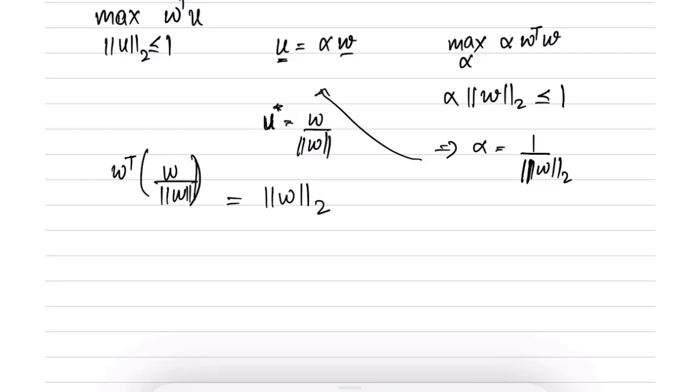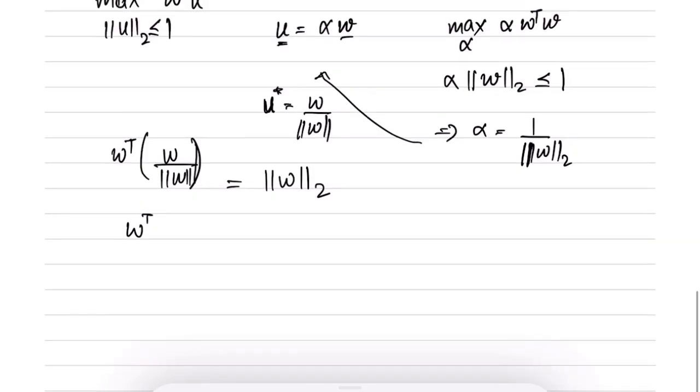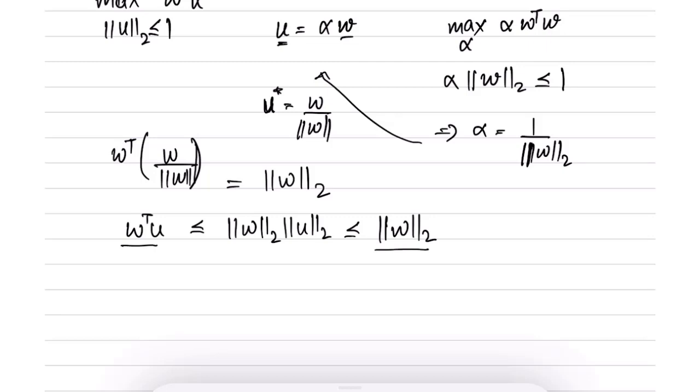But note that in general, w transpose u by the Cauchy-Schwarz inequality is less than or equal to norm of u times norm of w. And norm of u is already less than or equal to 1. So this is less than or equal to norm of w. In general, w transpose u is less than or equal to norm of w.